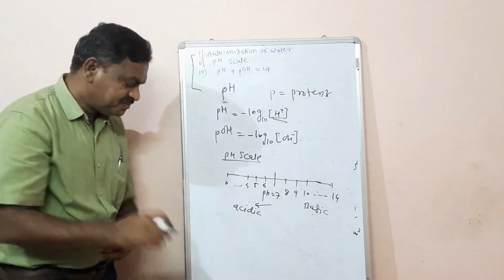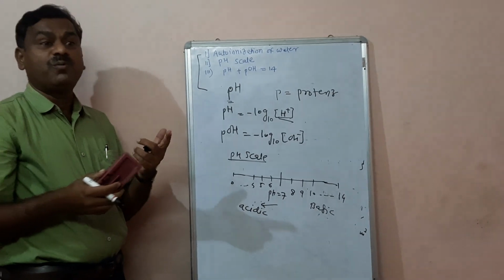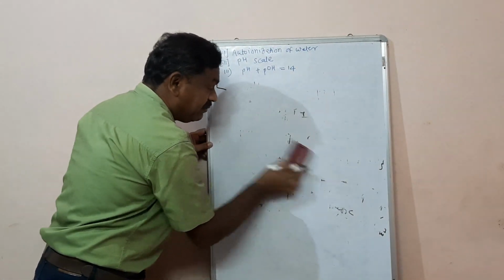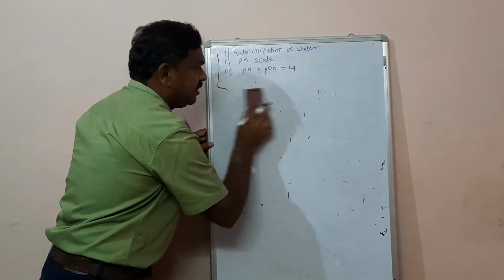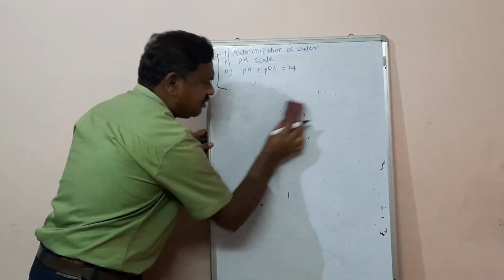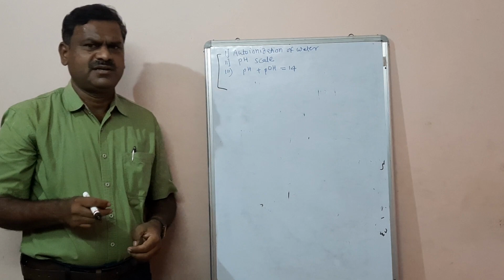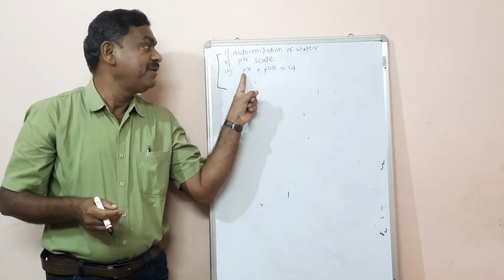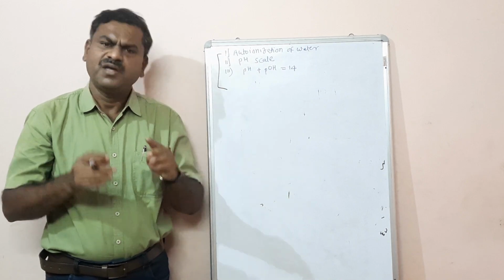And the last one is we have to prove an equation, which is very important because it carries 2 marks in your annual exam, or sometimes numericals on this formula: pH plus pOH equal to 14.